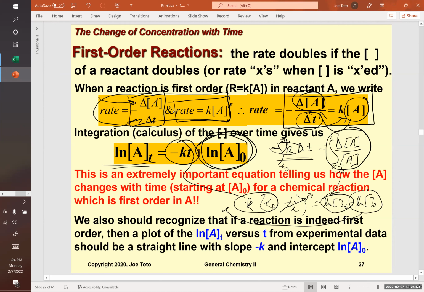But actually it's from calculus, and it allows us to take equations like the rate law, that relate the rate of a reaction to the concentration, and make a new equation that now relates the concentration and how that changes in time.